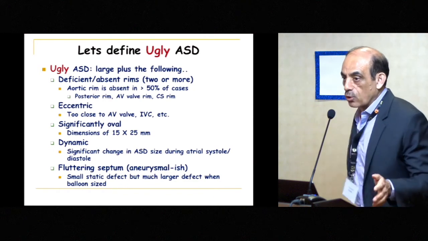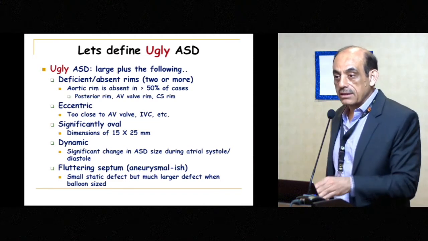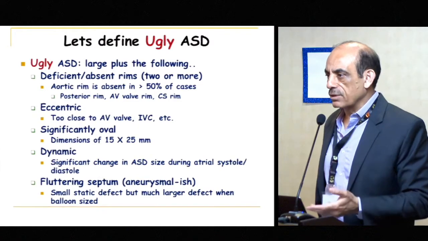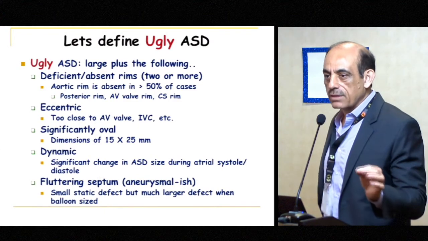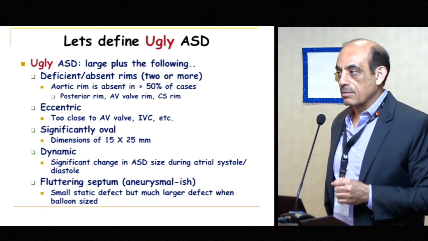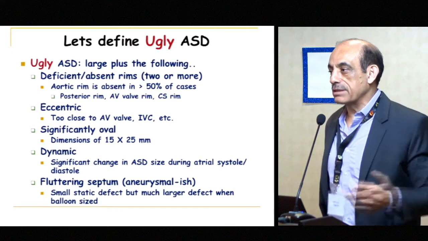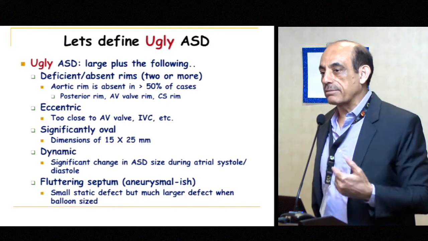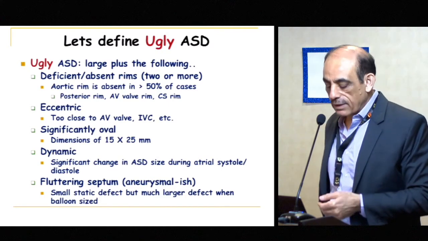If it's significantly oval, I didn't make these numbers up. I have seen ASDs that measure 15 by 25. They may not be technically difficult, but they are difficult because how would you size them? If you balloon size them, they are going to be about 20. But a 20 millimeter defect is going to be much bigger for the 15 diameter and smaller for the 25 diameter.